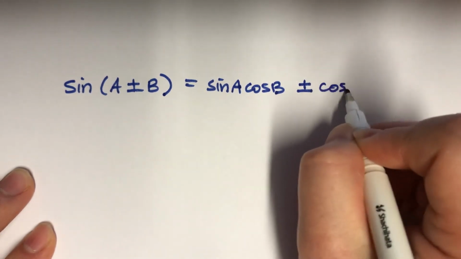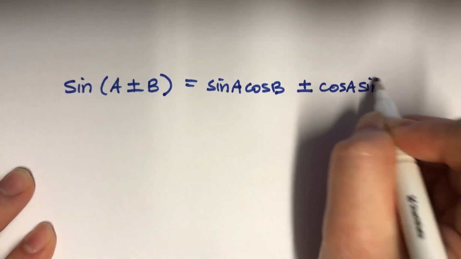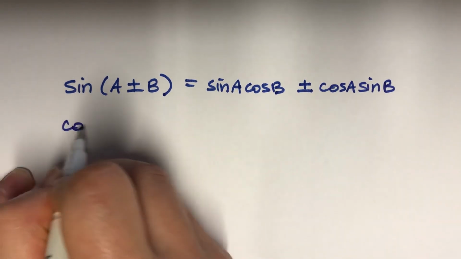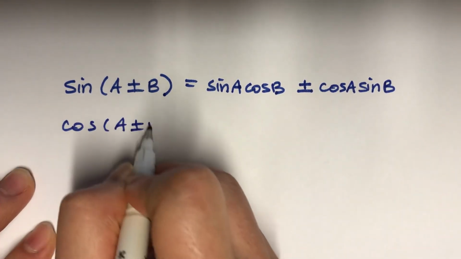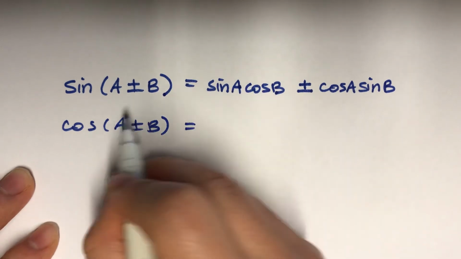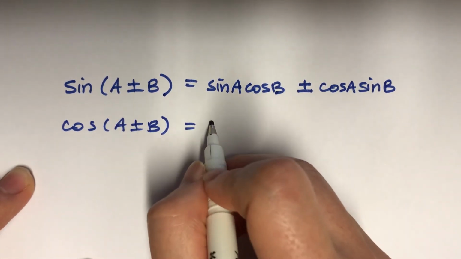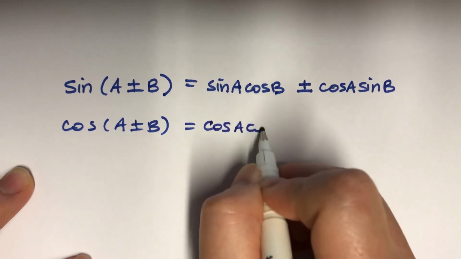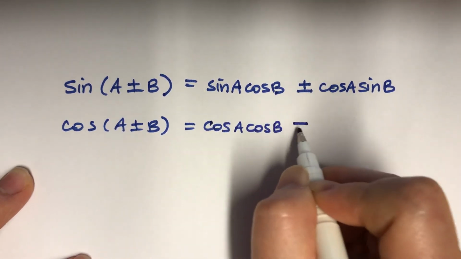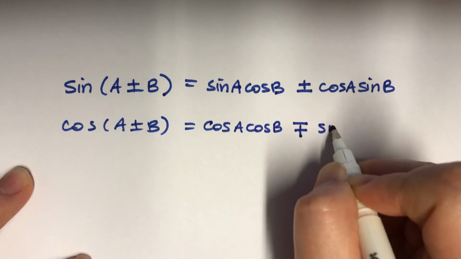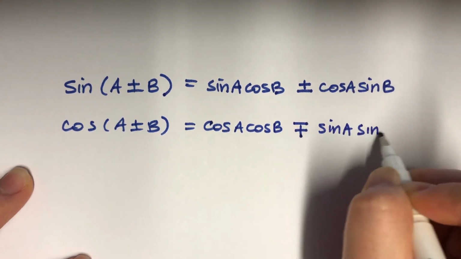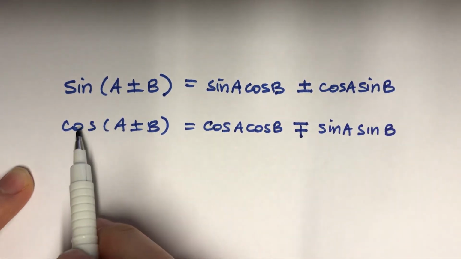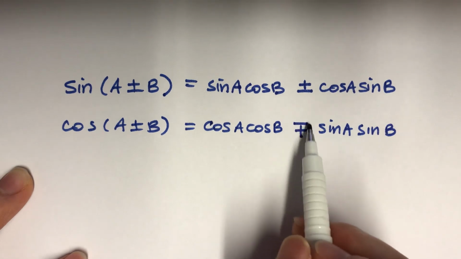And it's cos A sine B. Cos A plus B, that was one actually opposite sign, wasn't it? So cos is cos A cos B, minus plus sine A sine B. Why? Because when it was A plus B, it was minus, okay?